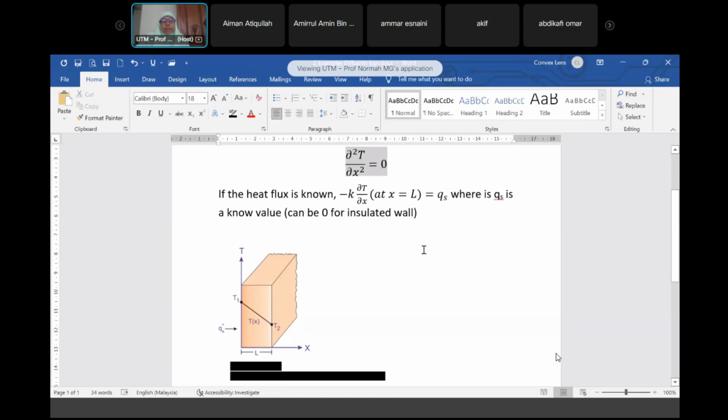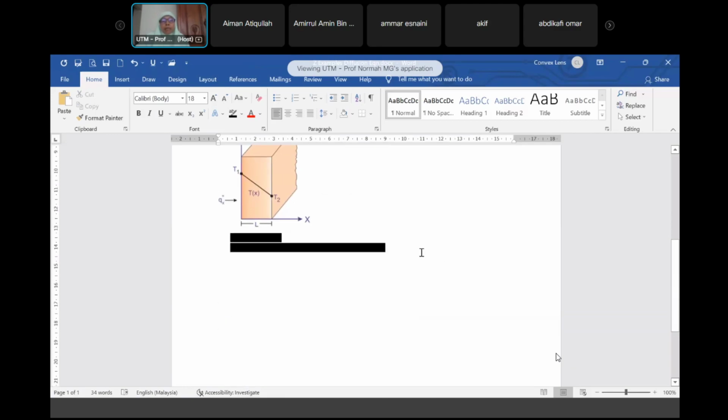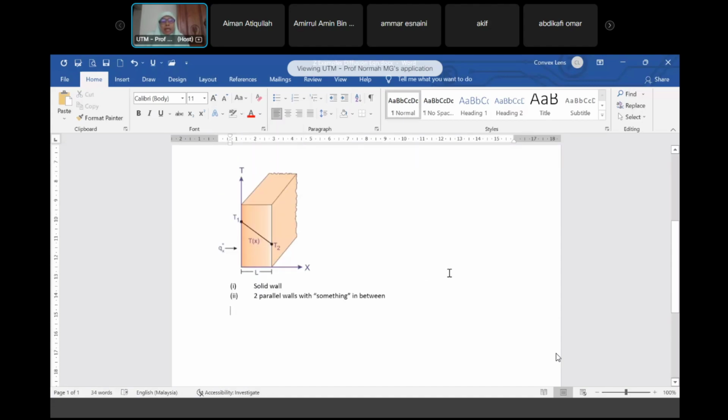Now, those are some of the boundary conditions that are given. But that is a case for a solid wall. What happens if you have two parallel walls with something in between? Then you may have air, like I've done before last week, or vacuum or something else.